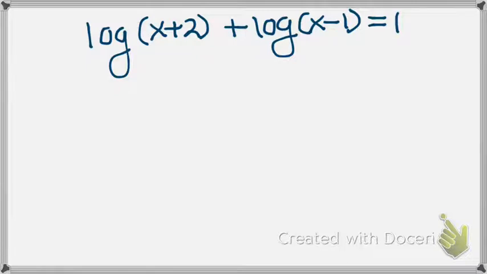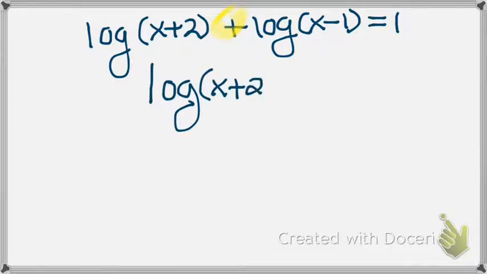Well, it's a plus sign. You guys, what law uses a plus sign? It is multiplication. So, log x plus 2 x minus 1 is equal to 1. All right? Now we can convert.